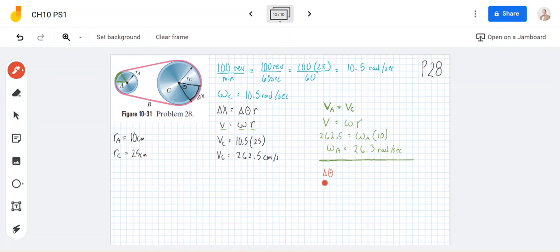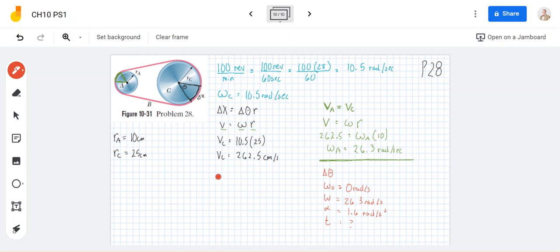We're going to do this for wheel A. It starts from rest, and it speeds up to 26.3 at 1.6 radians per second squared, and it wants us to find the time.